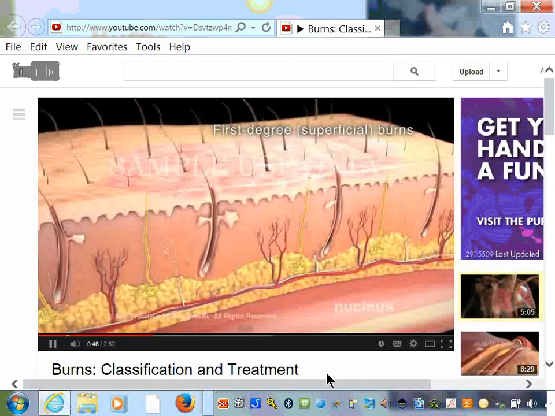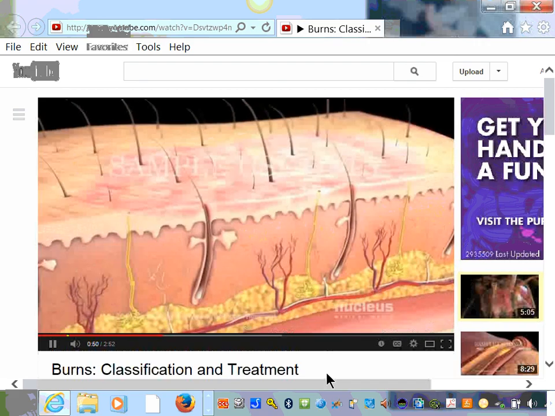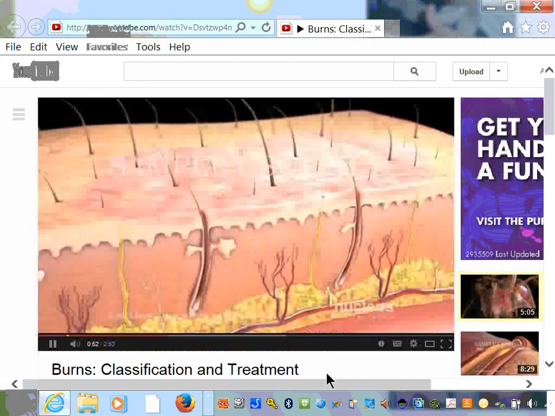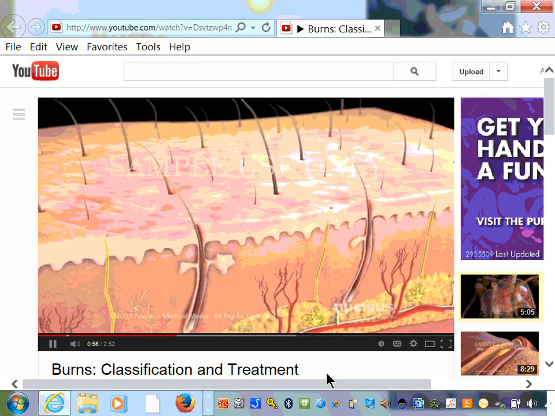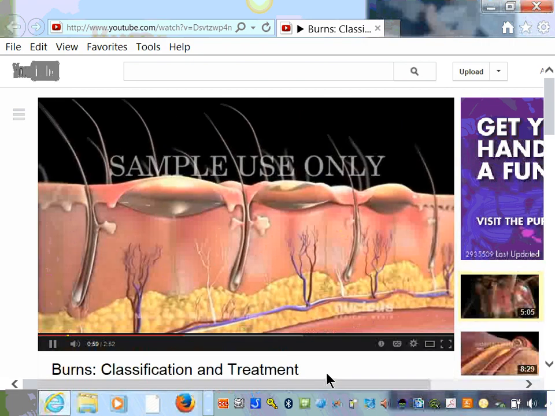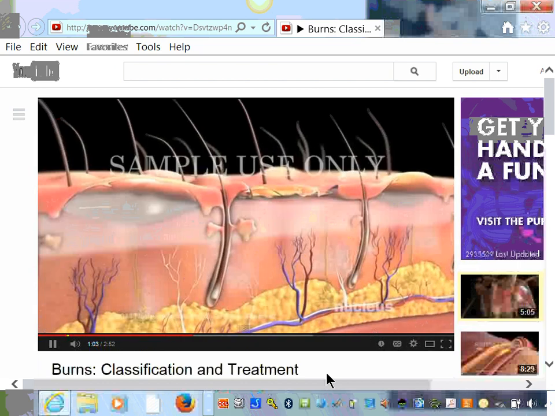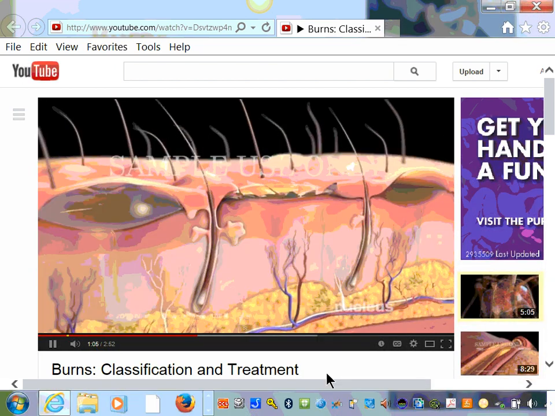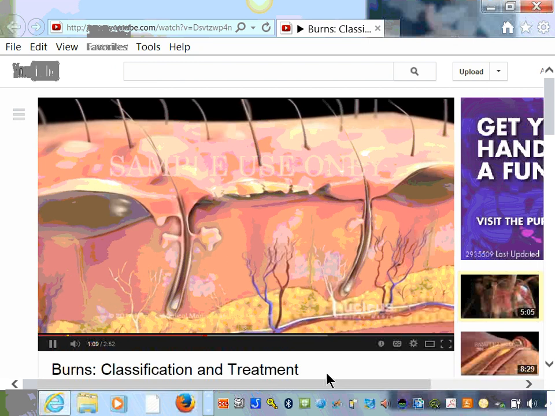First degree or superficial burns affect only your epidermis. The burn site appears red and dry with no blisters and is mildly painful. Second degree or partial thickness burns involve the epidermis and portions of your dermis. The burn site is red and moist, blistered, swollen, and very painful.